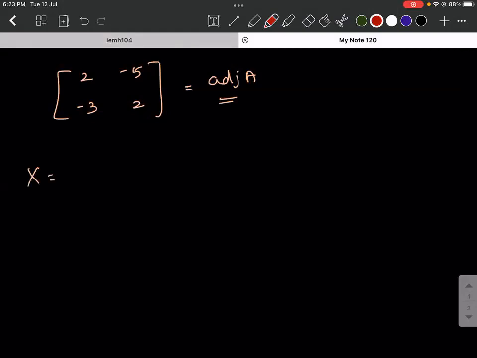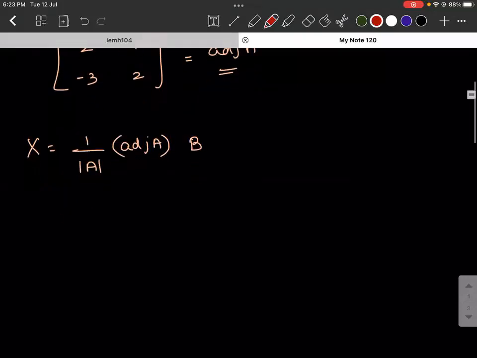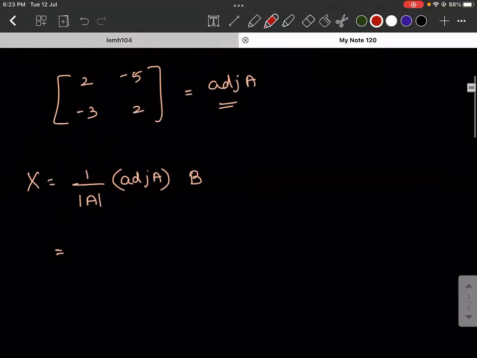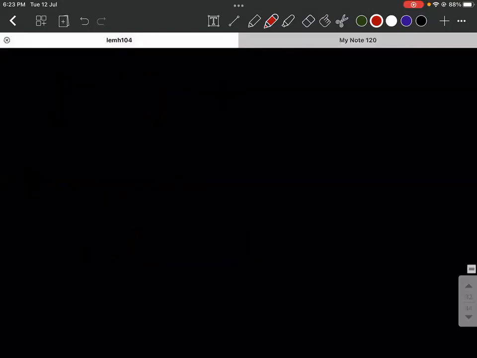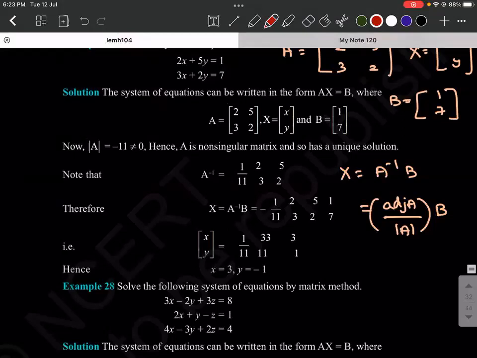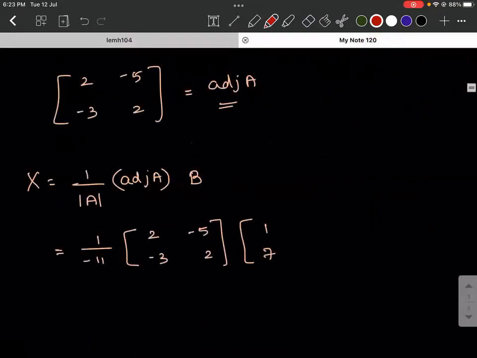So X is equal to 1 by det A into adjoint of A multiplied with B. So 1 by det A is minus 11, into 2, minus 5, minus 3, 2, into what is the value of B? 1, 7.